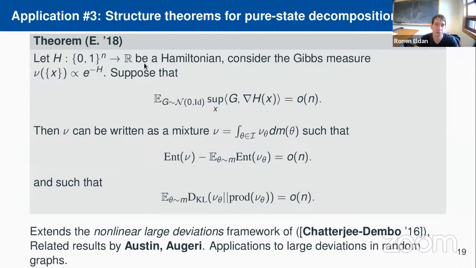So as an example, if you have a Hamiltonian in Rn, which has the property that its set of gradients cannot be correlated with a Gaussian direction, so the set of gradients has a small Gaussian width, then I can write this measure as a decomposition into a family of measures, such that if I go to the components of the decomposition, I do not lose much entropy. And each individual component is typically close to a product measure.